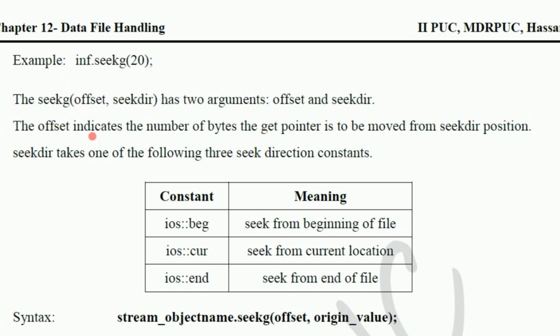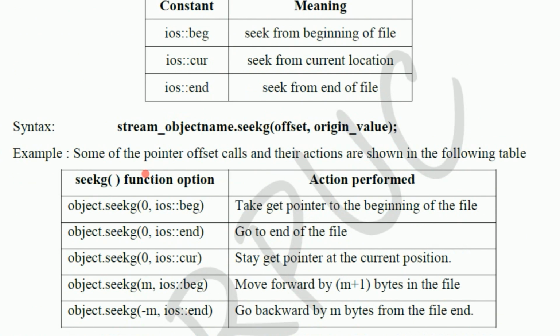In this way, in seekg, the seek direction may be any one of these constants, ios::beg, ios::cur, ios::end, and the offset is the integer number specifying the position.